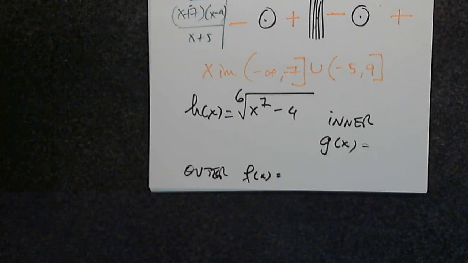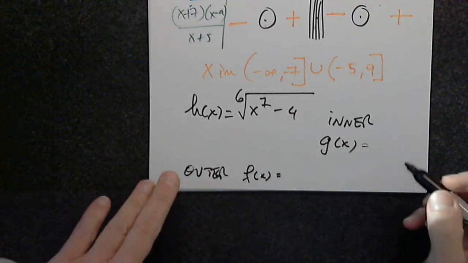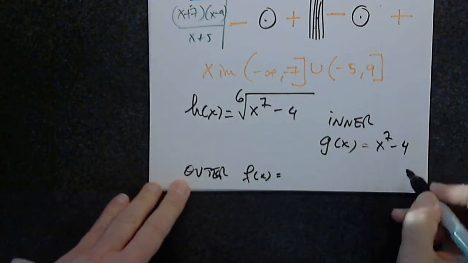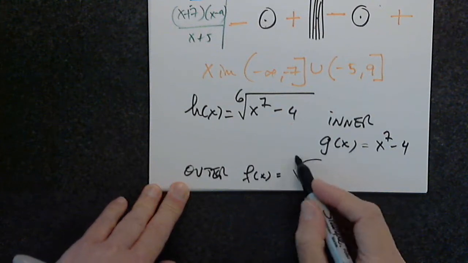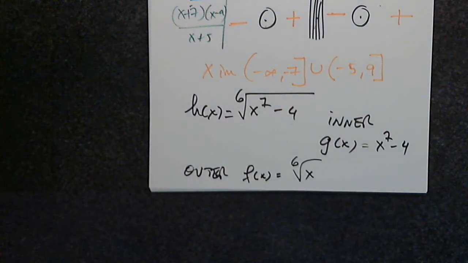G of x is x to the 7th minus 4, the inner function. Once we have a number, the 6th root of x. Very good. Excellent. And that's it.